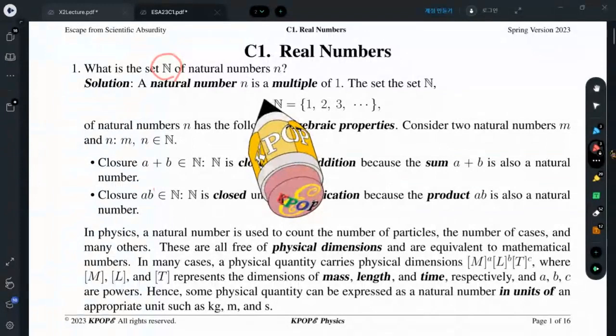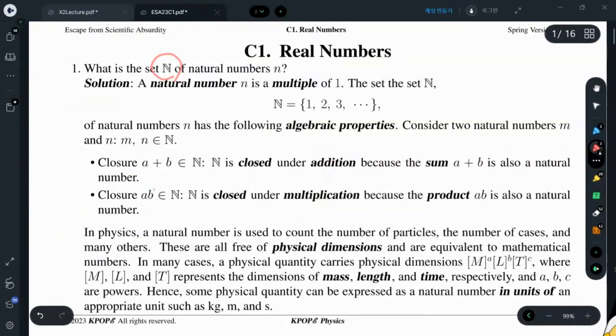Perhaps in the previous class, I told you the number in physics is different from the number in mathematics. So a mathematical number is a subset of the numbers we treat in physics.